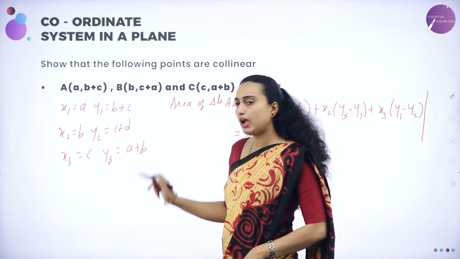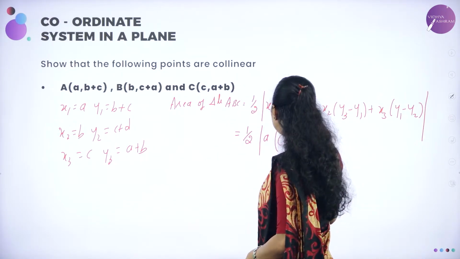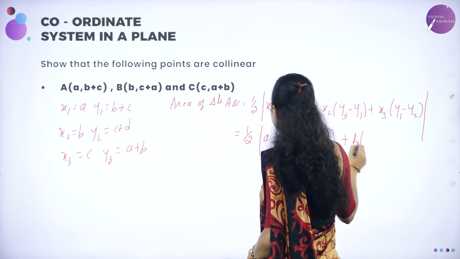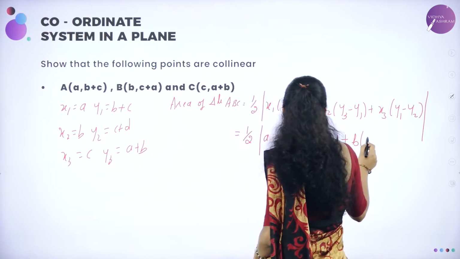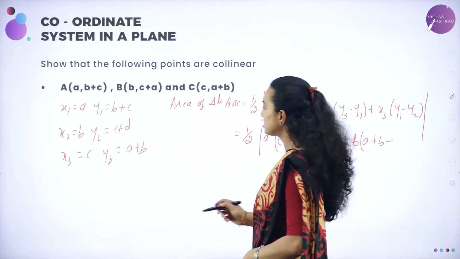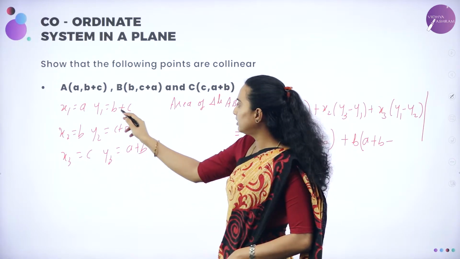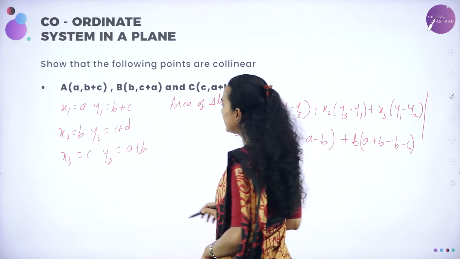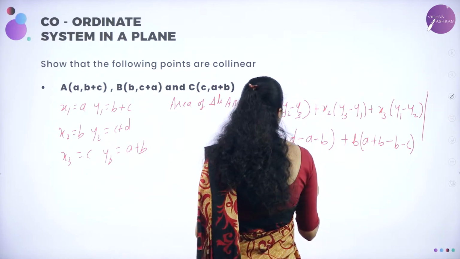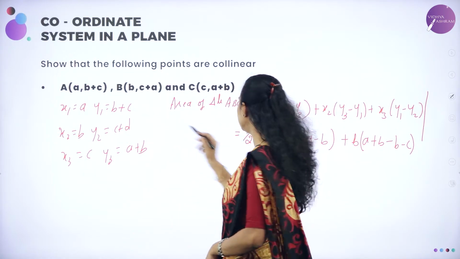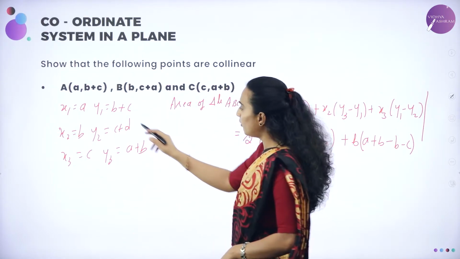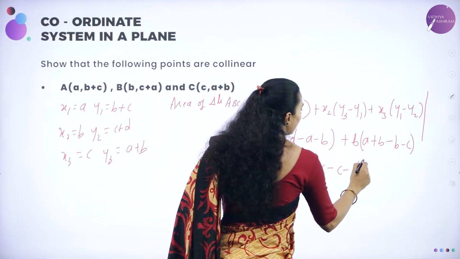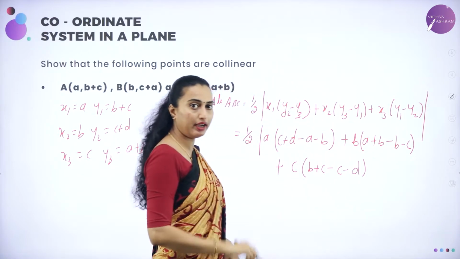So minus A minus B. Plus x2 is B. Here also the same way, y3 is A plus B, you are going to have y3 minus y1, that is minus B minus C. Plus, what is x3? x3 is C into y1 minus y2, y1 is B plus C, y2 is nothing but minus C minus D, because this minus sign is multiplied there, okay?